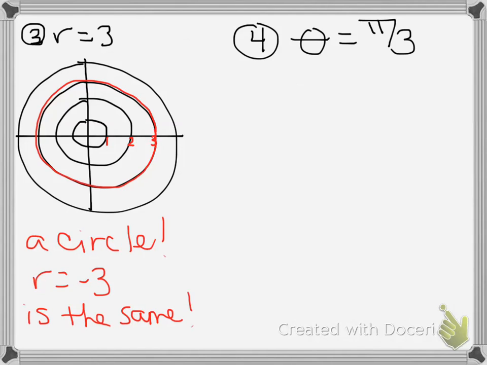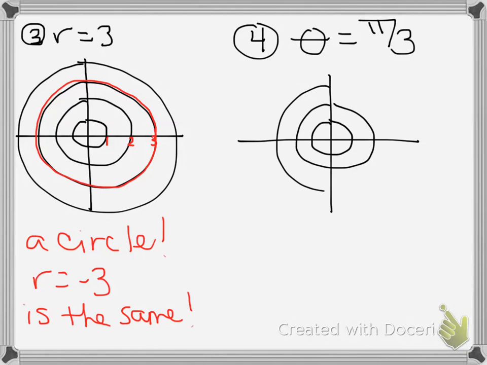Now, just like we did with r, let's do number 4, and let's look at theta equals pi over 3. Again, we're going to draw out some polar graph paper. I'll just do 3 circles here. And we want to graph theta equaling pi over 3 for every single r value. So, first of all, we have our pole. That doesn't change.